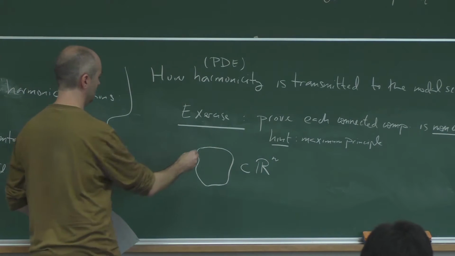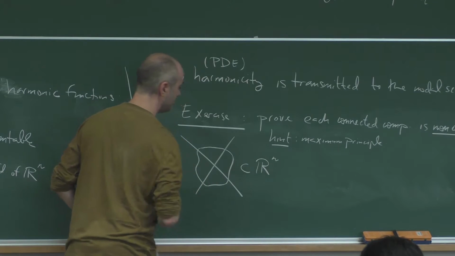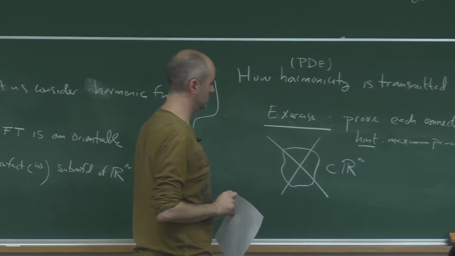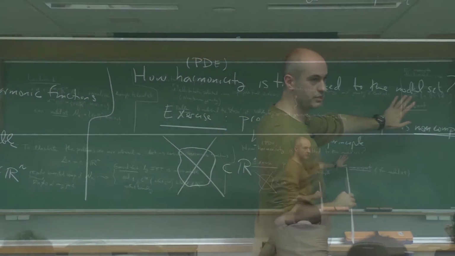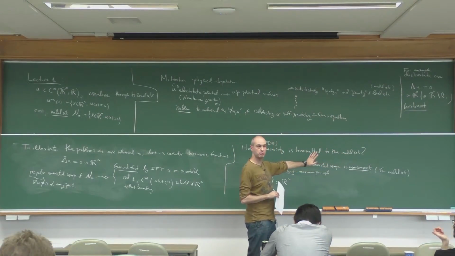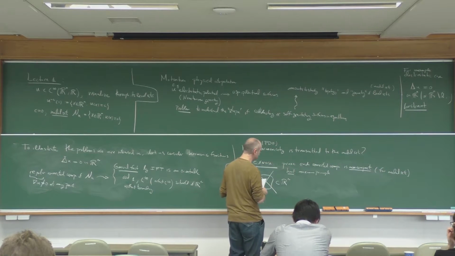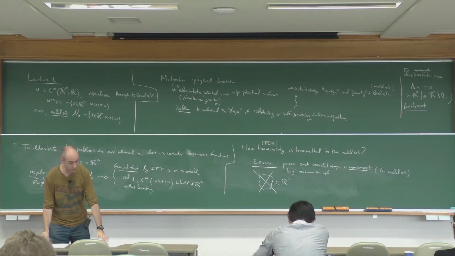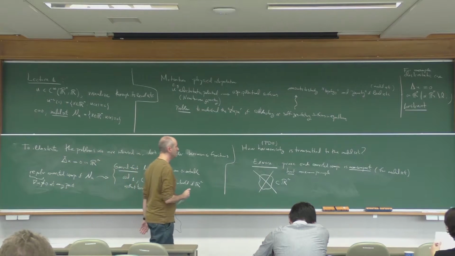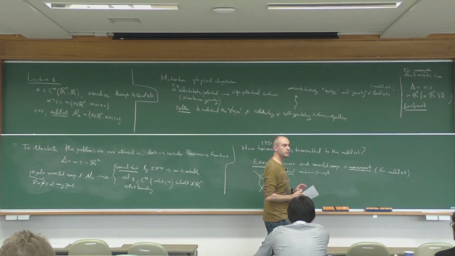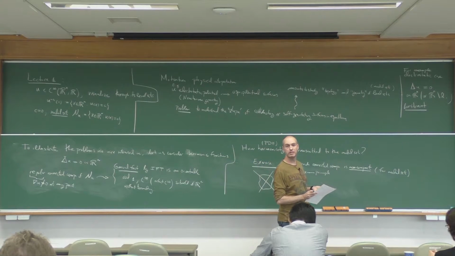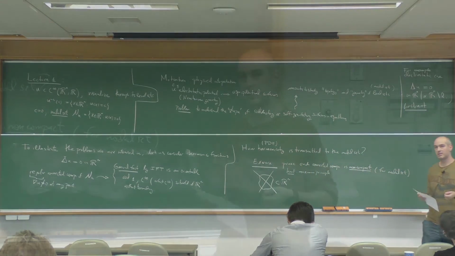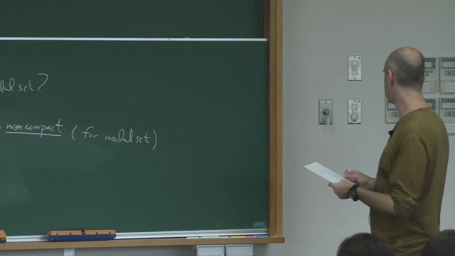This cannot be a component of a regular level set of a harmonic function. So compactness is forbidden. But what else? This is a very weak property, being non-compact. So we would like to understand more. Among non-compact submanifolds, which are many, of course, which ones can be the nodal set of a harmonic function?